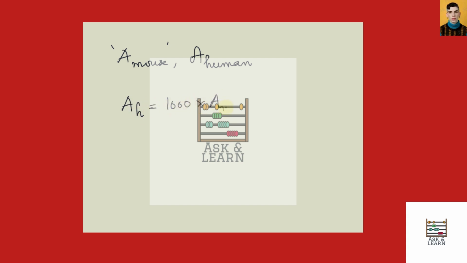1000 into A mouse. Now let's introduce a factor, lambda, which represents how much larger the surface area of the human brain would be than the mouse brain.